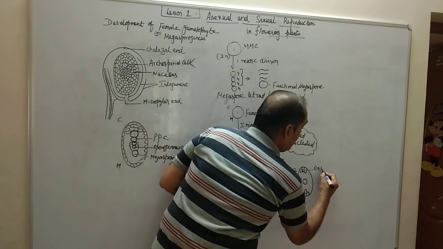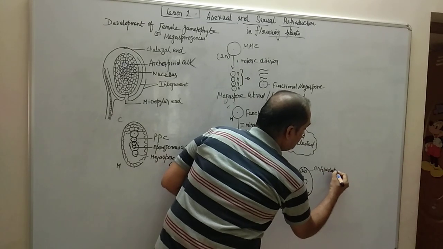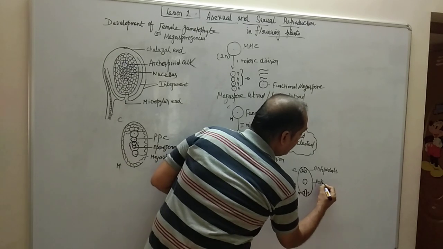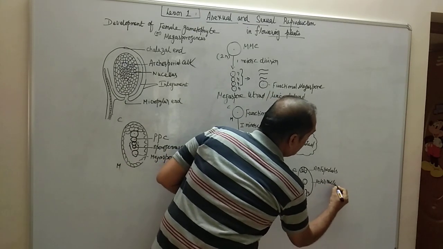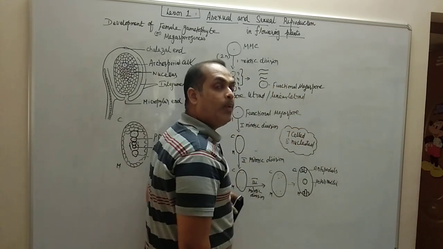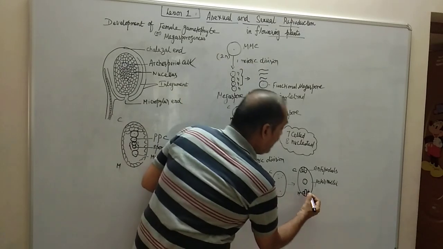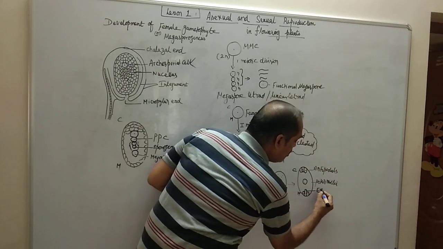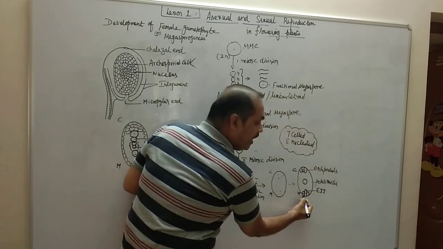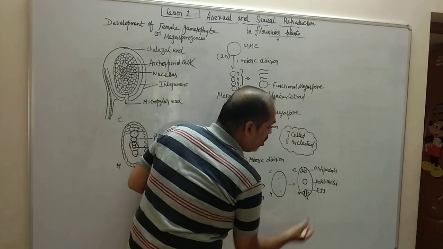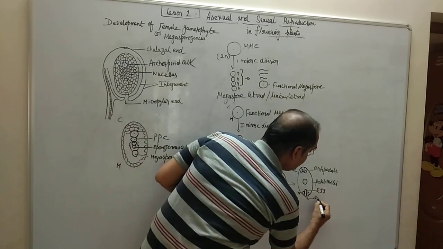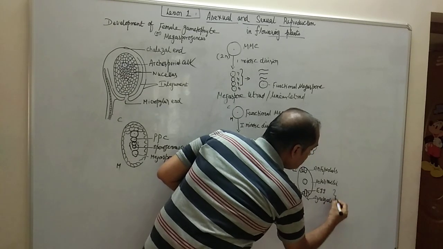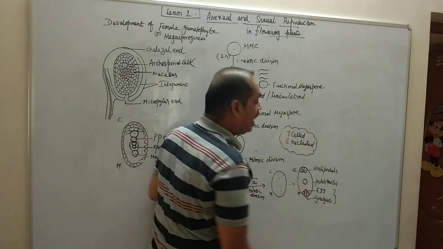Towards the center it is called polar nuclei, or we can otherwise call it the secondary nucleus, and towards the micropylar end the bigger one is called the egg, which is the female gamete, and on either side of the egg these two cells are called synergids. Now together this egg and synergids is called the egg apparatus.